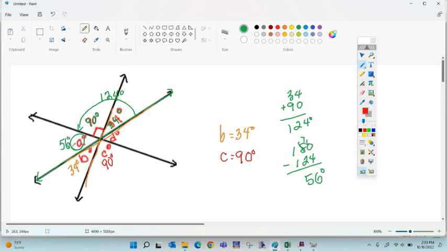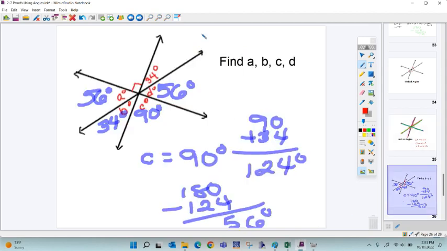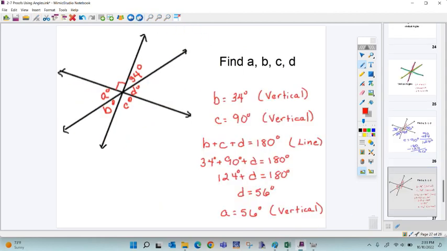So 56 degrees in A. And what you might also notice is we have another situation where we have another vertical angle pair right here, vertical angles. So D is also going to be 56 degrees. So there's your explanation for how that one worked. Okay. There it is. And there it is.